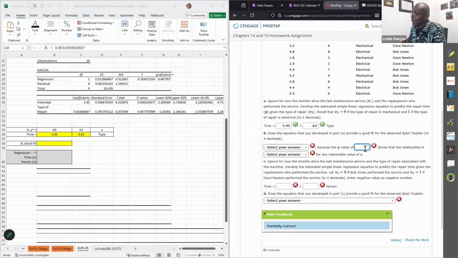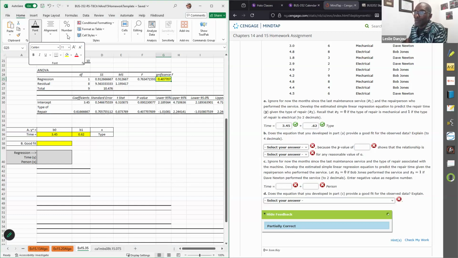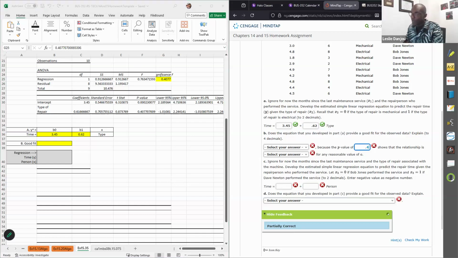Right here, because the p-value shows a relationship, what is my p-value? I'm assuming they're talking about the overall p-value. So I'm going to yellowify this and make it 4 decimal places.